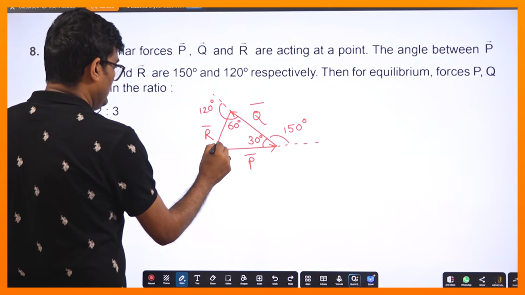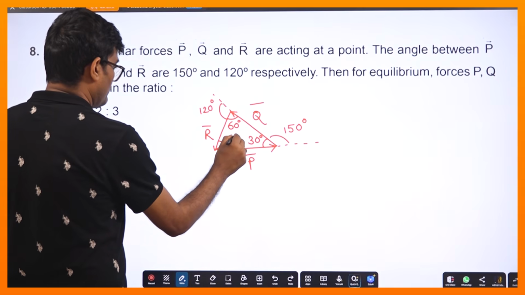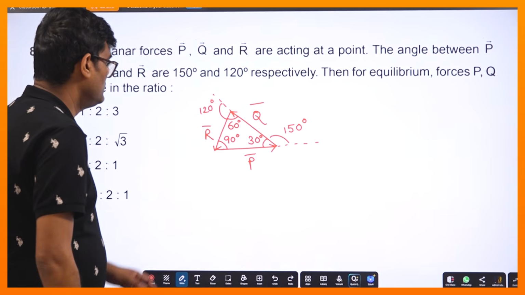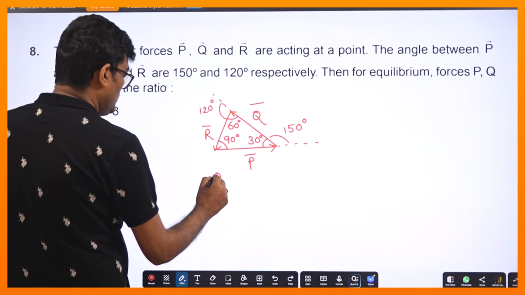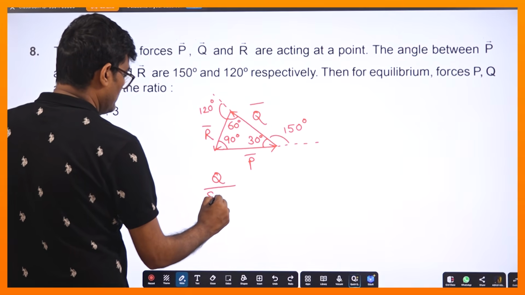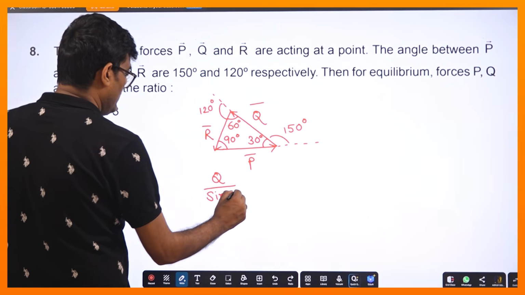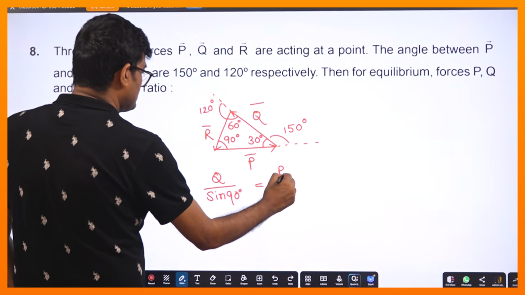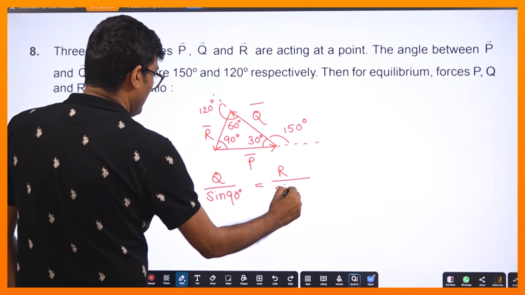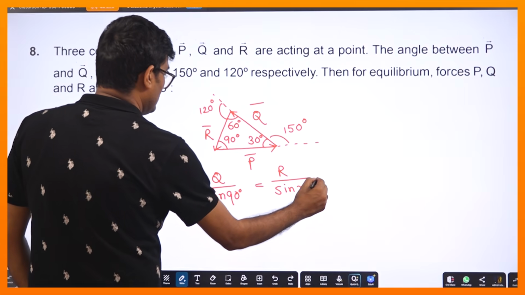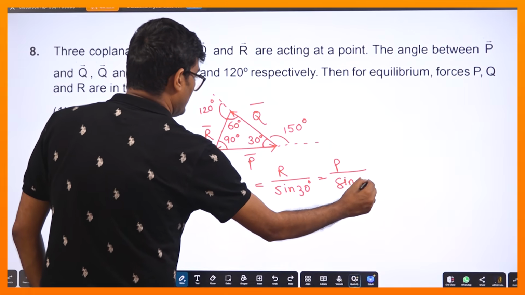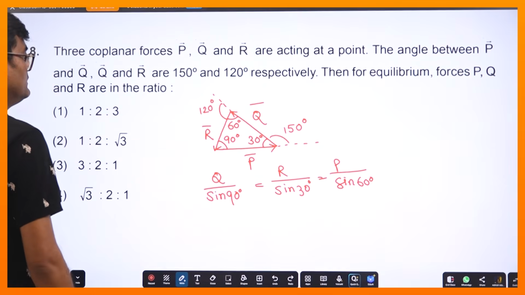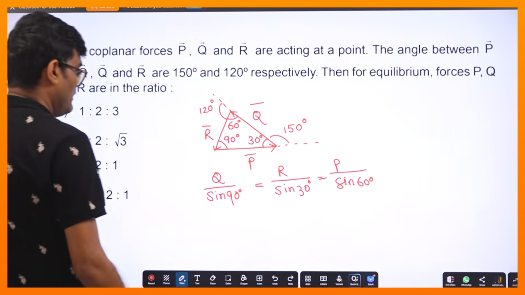And this angle is then 90 degree, right? So I can use the sine rule: q by sine 90 degree is equal to r by sine 30 degree, is equal to p by sine 60 degree, right? From here you can get the P, Q and R ratio, right?